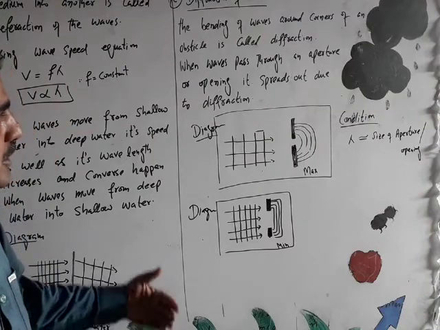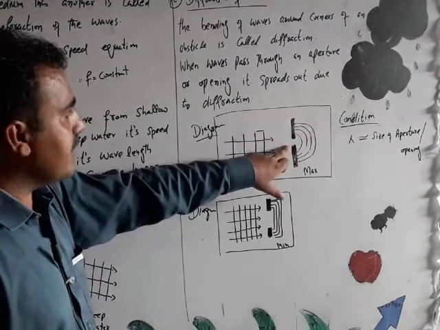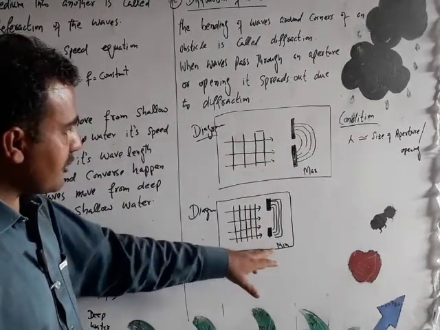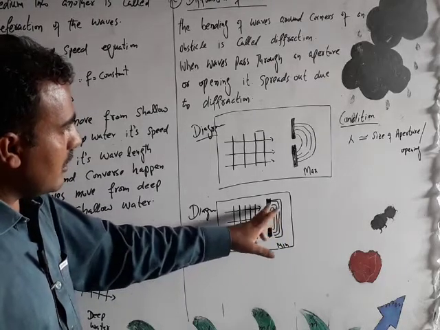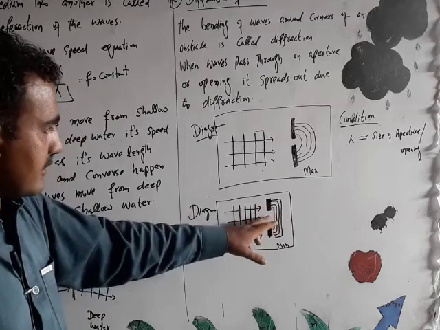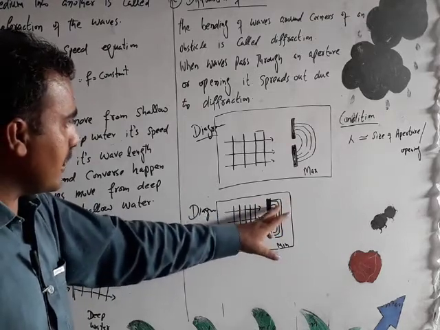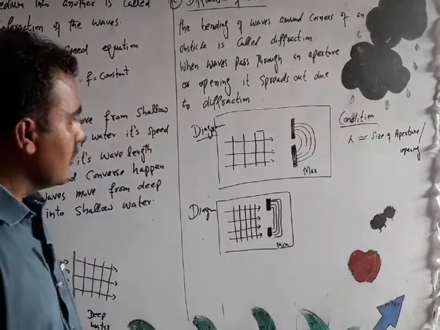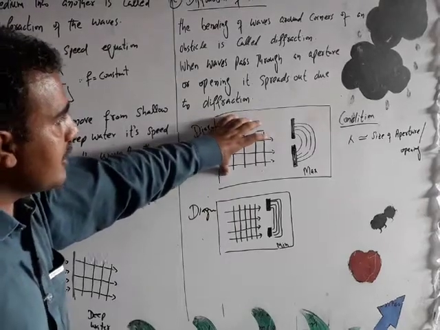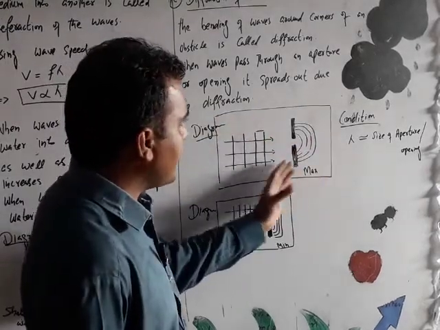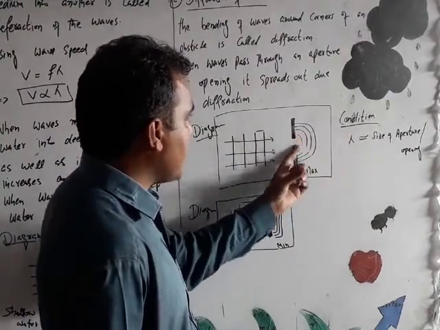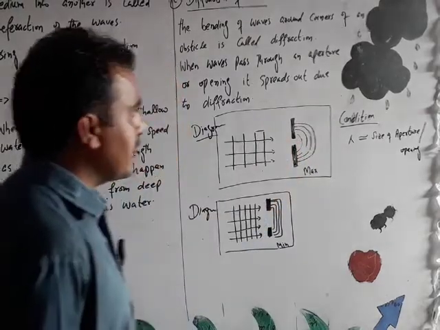Otherwise, if you keep increasing the opening size from that of the wavelength, then the diffraction will occur, but this diffraction will be minimum, and the waves will be rounded off only at the corners, and they will remain static as well. So here the diffraction is minimum, while in this situation the diffraction is maximum. The only condition that holds for maximum diffraction is that the wavelength and the size of the opening must be comparable, so that maximum diffraction will occur.